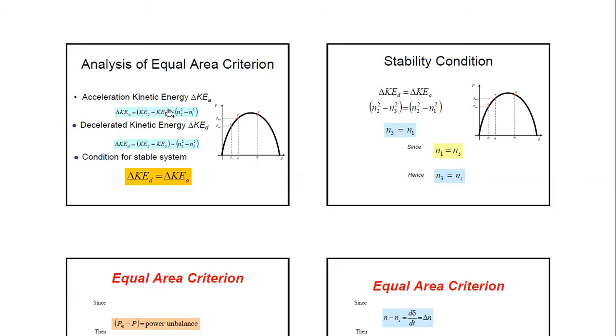To have a stable operation, the acceleration kinetic energy has to be equal to the deaccelerated kinetic energy. That is shown by this particular expression: delta KED, the deaccelerated energy, is equal to delta KEA, the accelerated kinetic energy.